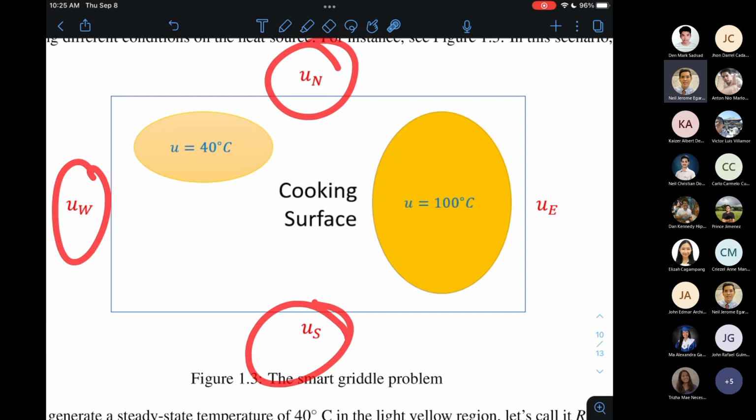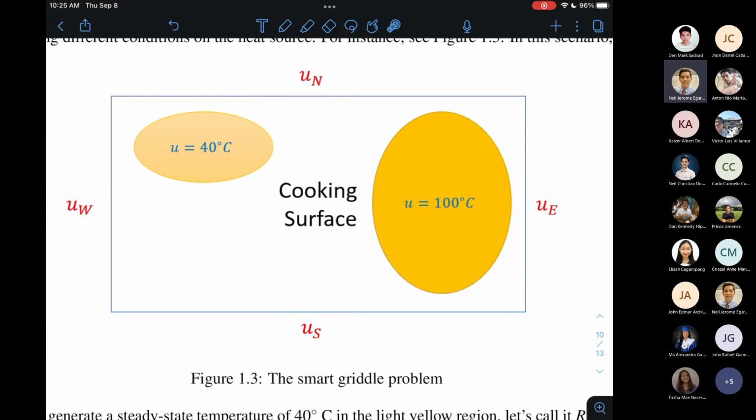The inputs are the temperature on the heat source, which are located on the boundary of the griddle, so that I get the intended output. What's the intended output? A 40-degree temperature on this pale yellow region and 100 degree Celsius temperature on this bright yellow section. Okay?